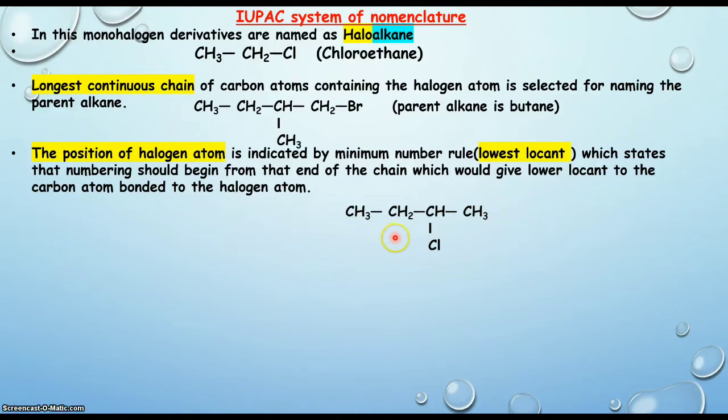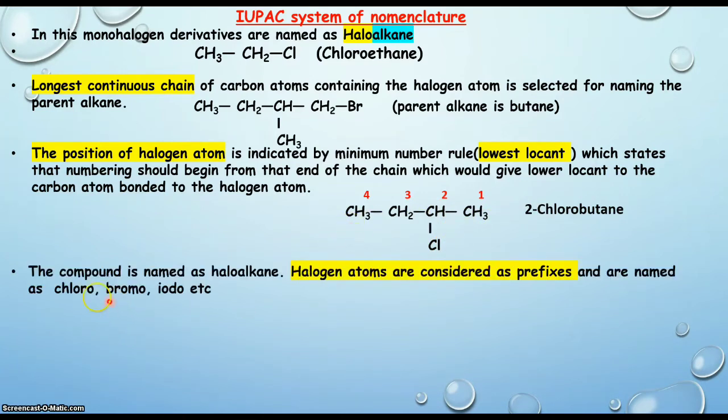If I start numbering from the right hand side, the position of chlorine is second, and if I start numbering from the left hand side, then the position of chlorine is third, but the correct numbering is from the right hand side. This is because it follows the lowest locant rule, that is substituents or branches should get the lowest possible number. The IUPAC name of this structure is 2-chlorobutane.